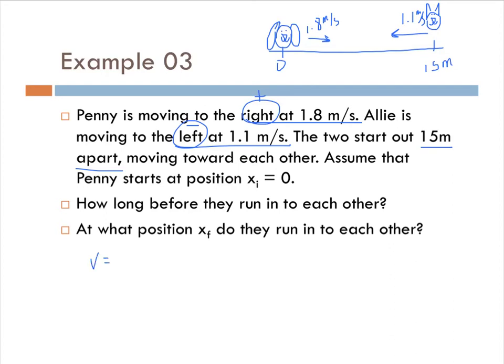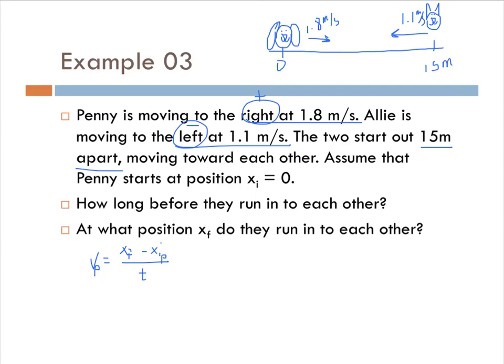And I can label this as Penny's information. So P for Penny, P for Penny. I'm not labeling the final position and the final time because this is going to be the same for both.